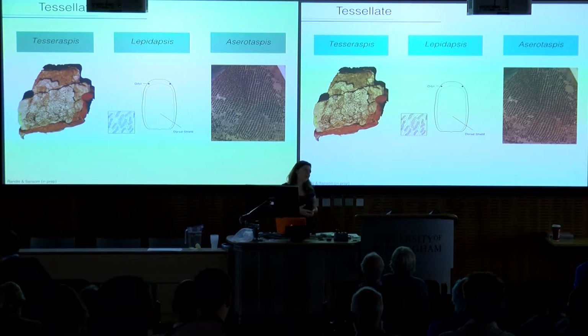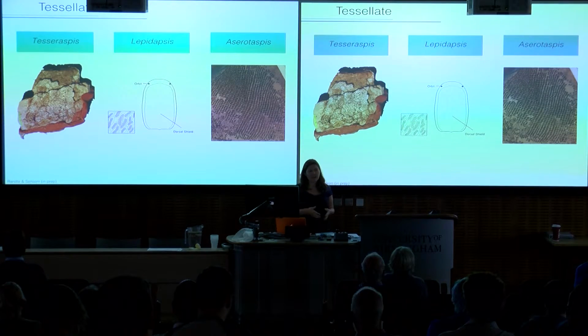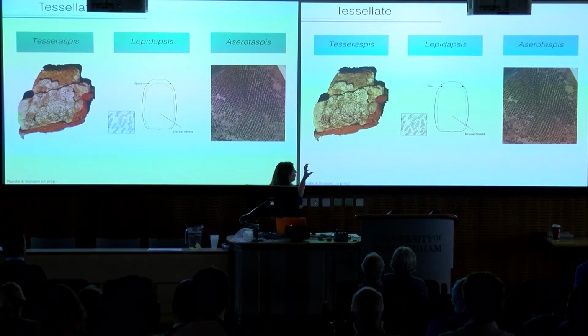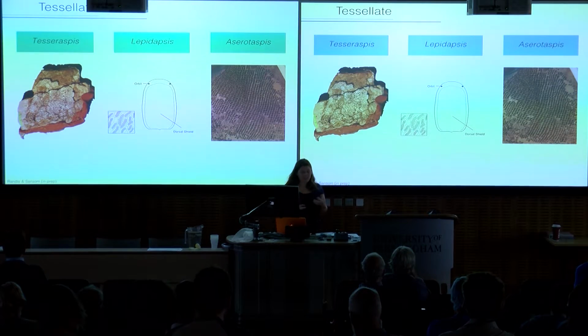Another branch of the problematica are the tessellate Heterostracans. These have a head shield composed of many separate bony elements, which means they're hardly ever found articulated. This includes Tesseraspis, which is housed here at the Lapworth Museum and has separate bony elements, whereas Lepidaspis has these separate elements that fuse on maturity.